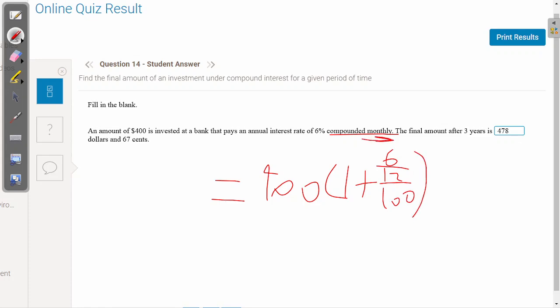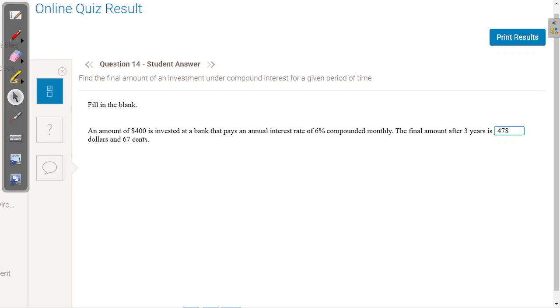So you divide it by the number of months in a year, which is 12. So it's 6 over 12, and then to the power of not 3 years, it's 36, because in 3 years there are 36 months. So you do this on the calculator, you'll get your answer. So just for monthly, divide the rate by 12 and change n into months.